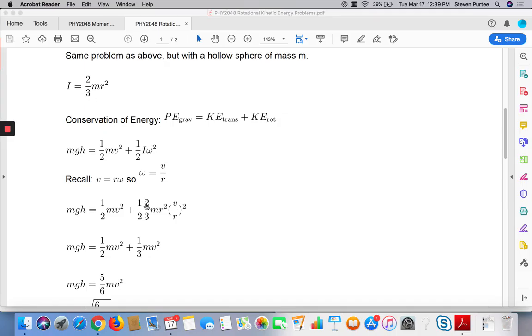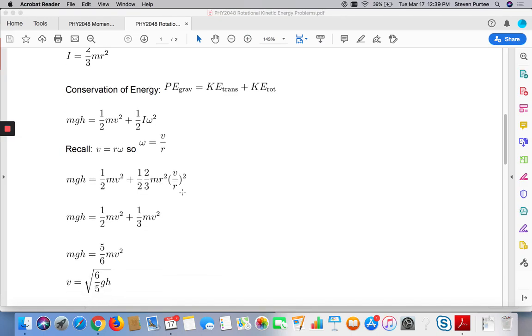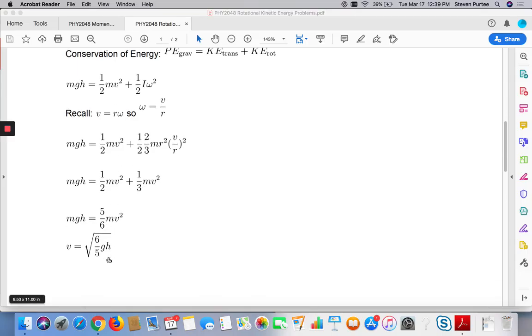So we substitute that in for I, we substitute this in for omega, and we get this equation. Just doing some simplifying and adding our fractions together, 1/2 plus 1/3 is 5/6. The m's cancel, this is independent of mass, and we get V equals the square root of 6/5 gh. That's how fast the center of mass is moving when we reach the bottom.